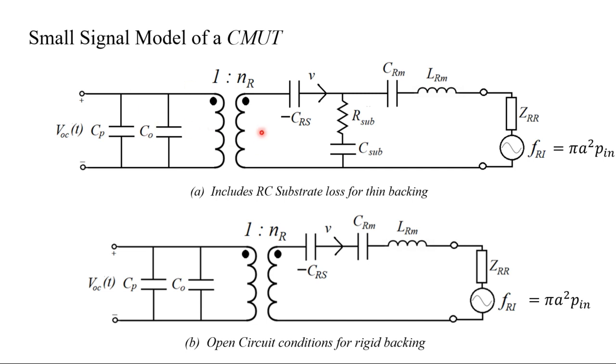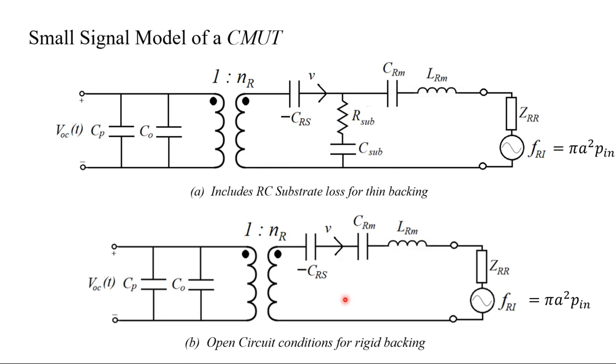In the other model, you have a thick or rigid substrate. So the shunt branch across the transduction force has a very high impedance, so it's modeled by an open circuit.